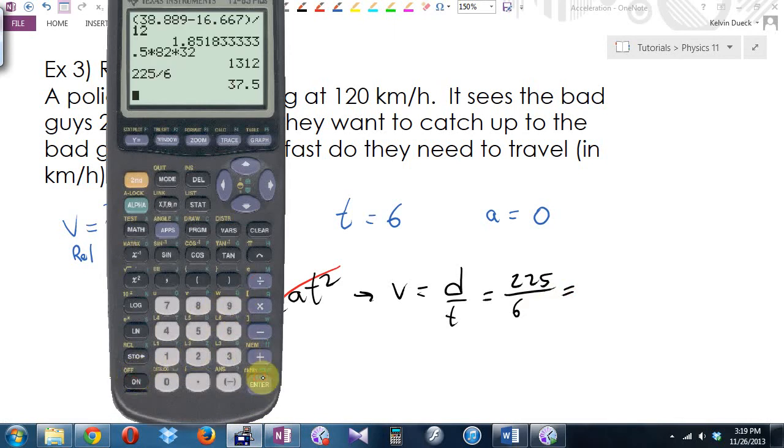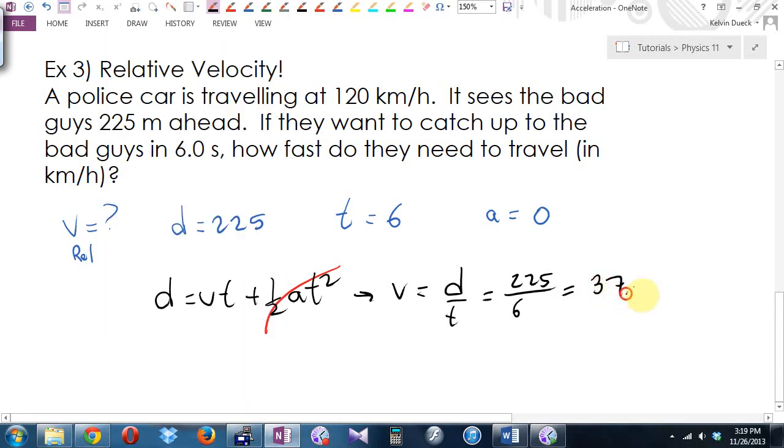They have to be going an extra 37.5 meters per second. They have to add 37.5 meters per second to their speed relative to the bad guys if the bad guys are also going at 120 kilometers per hour.